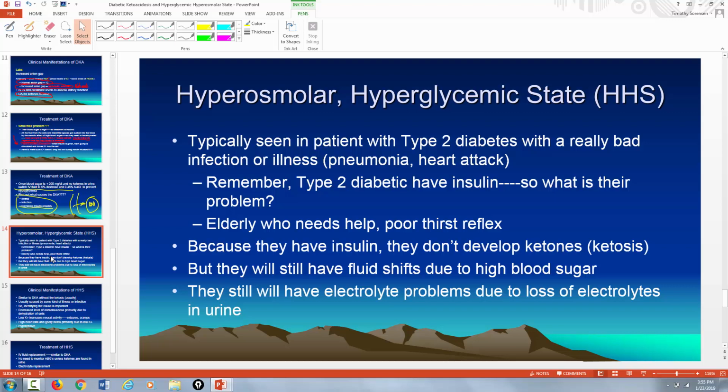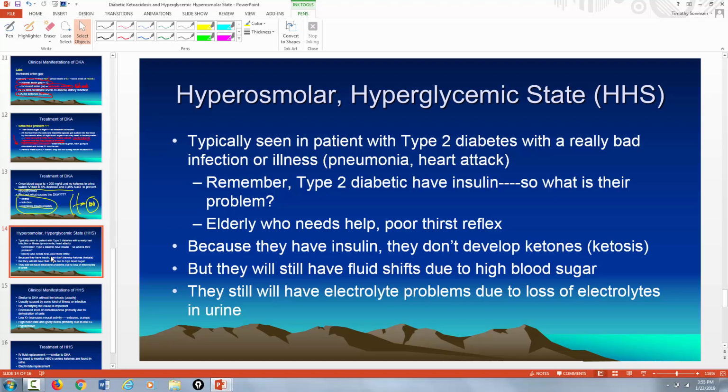The problem is insensitive insulin receptors. So because they have insulin, you're not going to develop that ketoacidosis that's seen in type 1 diabetics. However, they still can develop the same type of problems with the big high blood sugar and the fluid shifts.